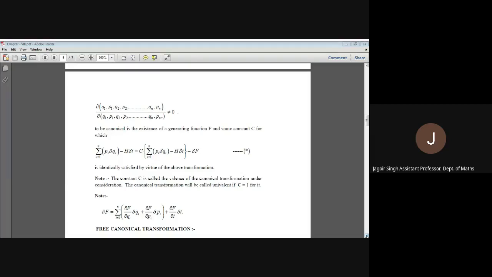Similarly, the coefficient of δpi is ∂F/∂pi, it will be 0. And then the coefficient of δt, on the left hand side it is H̃, on the right hand side it is minus cH plus ∂F/∂t. These will be used later on.